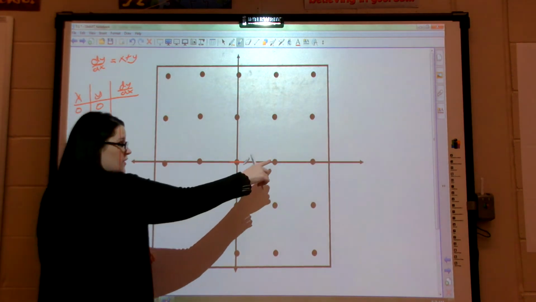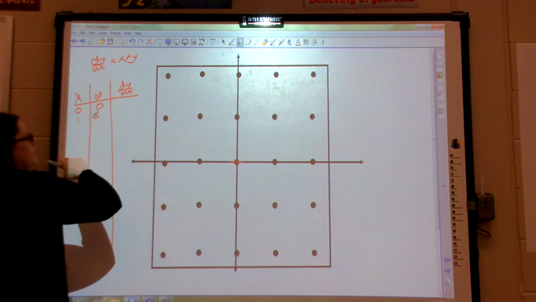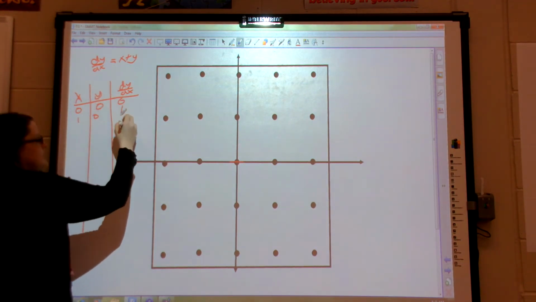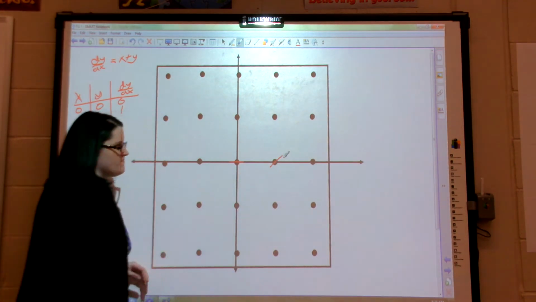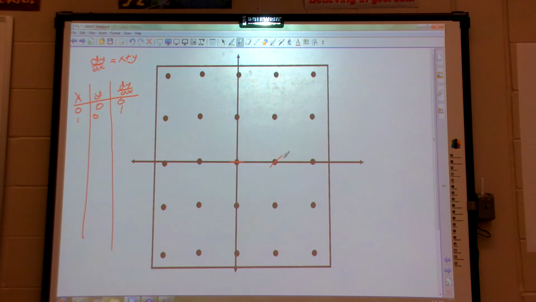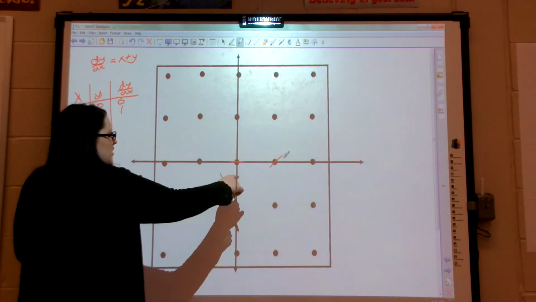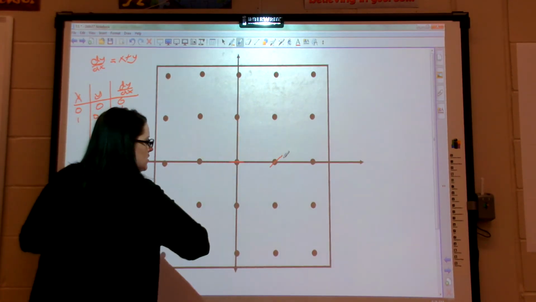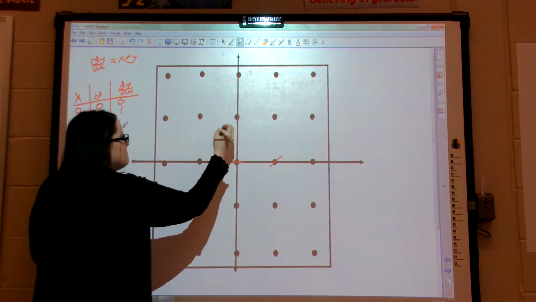Now let's go here. This is the point 1, 0. Plug them in. My slope is 1. So use a ruler because I want you to be accurate. So 1 over 1. This is the point 0, 1, so its slope is 1.